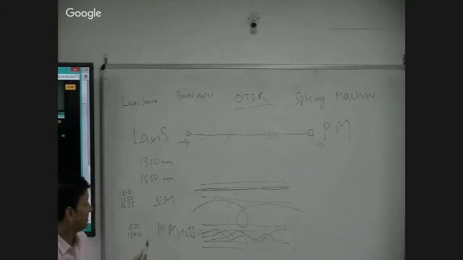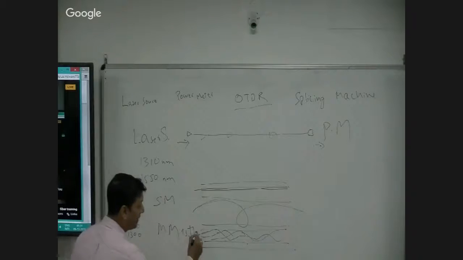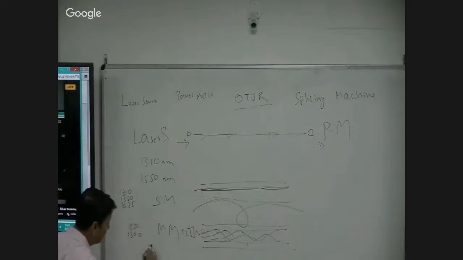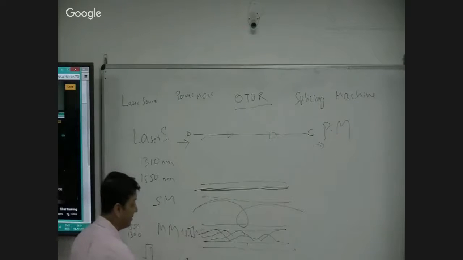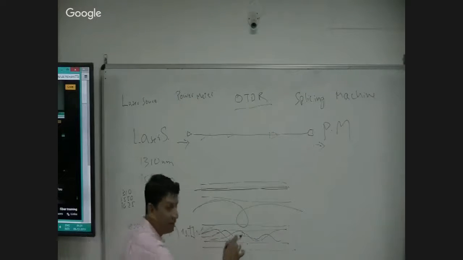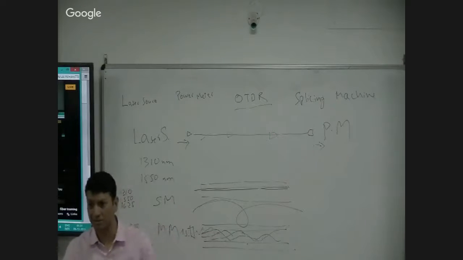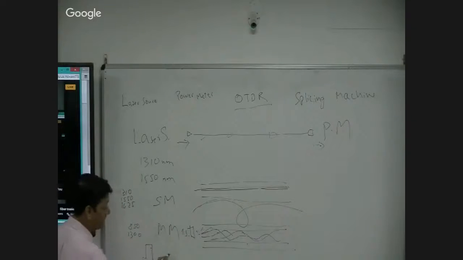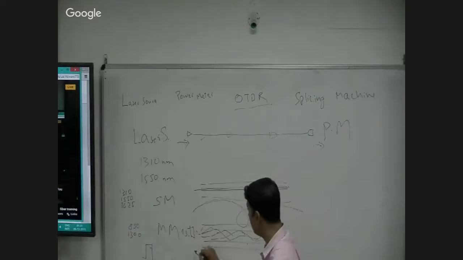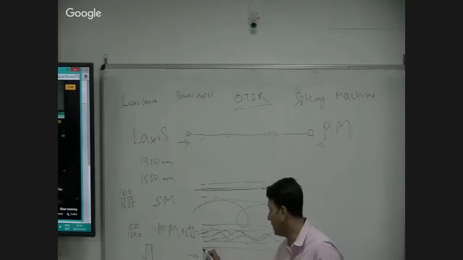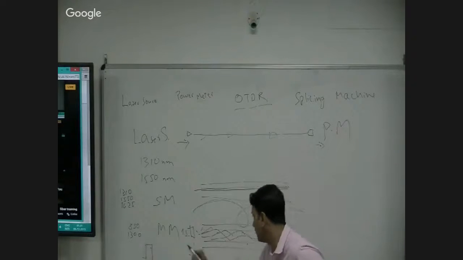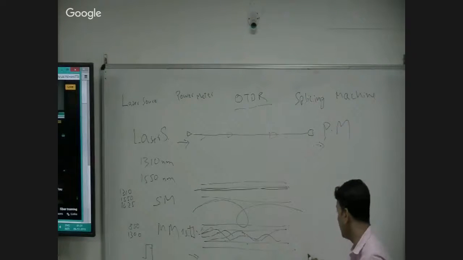Same way, light. Usually you send a pulse of light, on and off. When it is on, it is traveling in different paths. So when this pulse is sent on a multimode fiber, the one which comes directly has come.